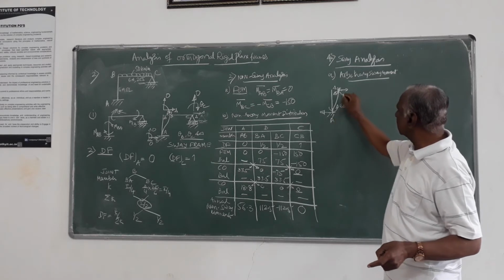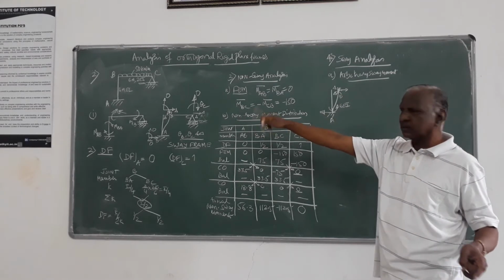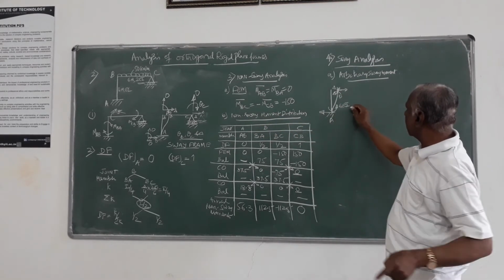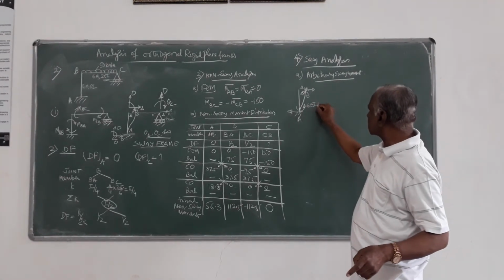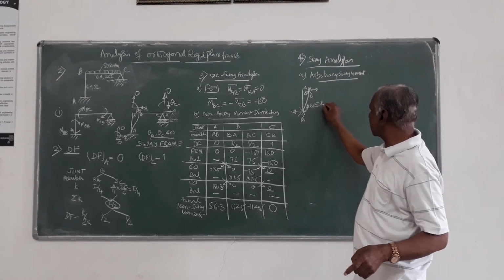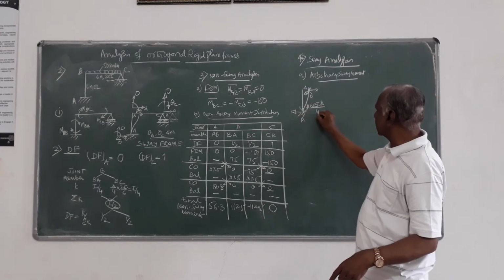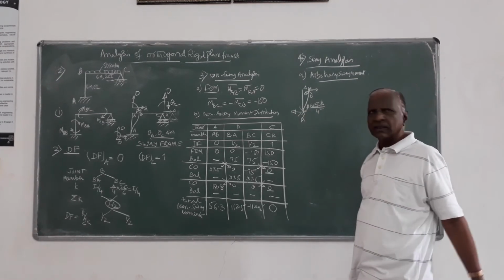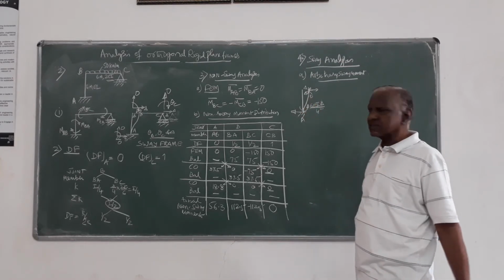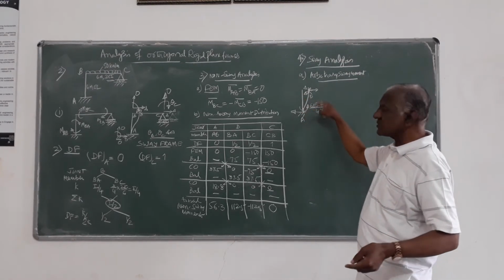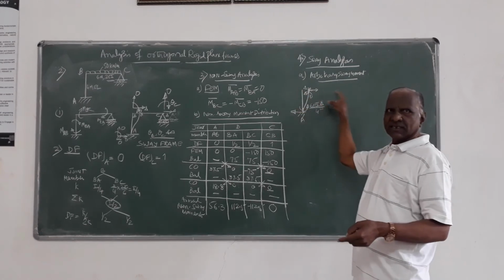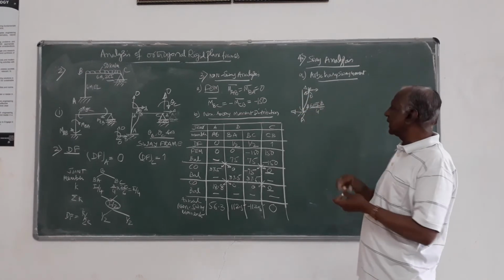This is member AB, which is undergoing sway. This has a sway moment of 6 delta by L square. L square is 4 square. So here also it is 6 delta by L square. Since it is anti-clockwise like this, this has to be negative.